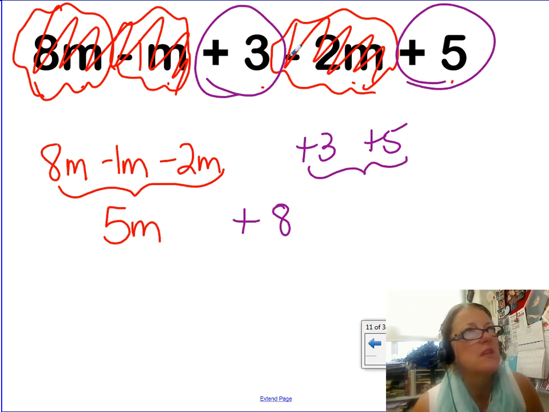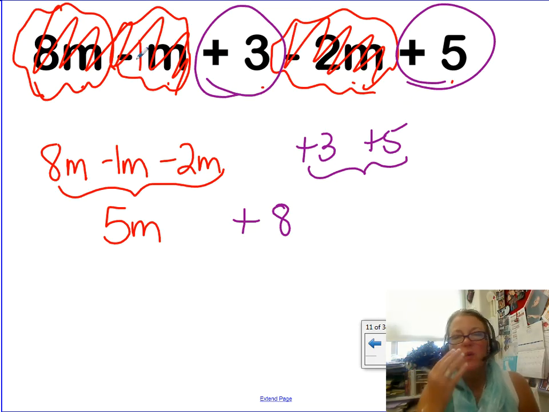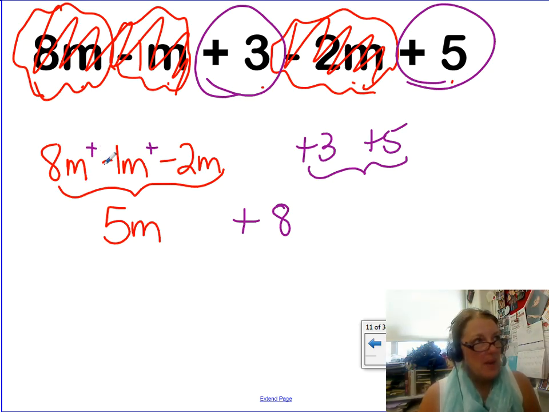I know you see subtraction signs here, but when I'm thinking of it as keeping the sign with this, a minus 1m is like a negative 1m, and we're really adding negative 1m. When you go way back to that thought about subtraction is the same as adding the opposite, everything's addition in disguise. Boom. There you go.